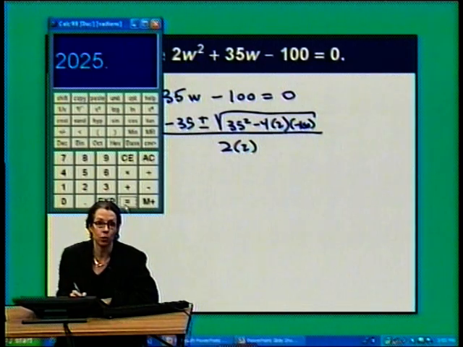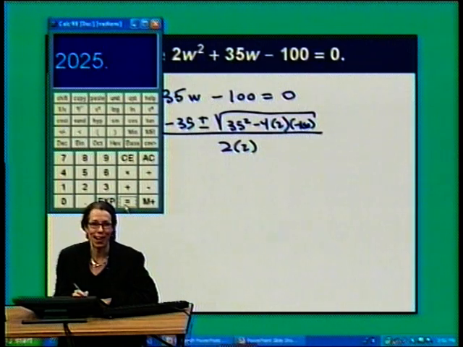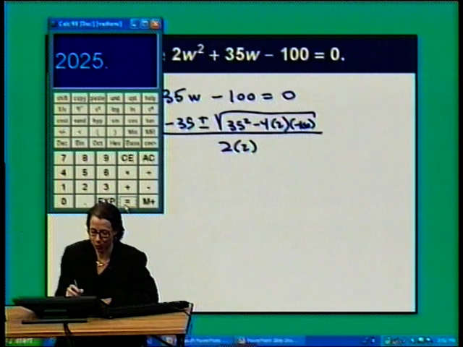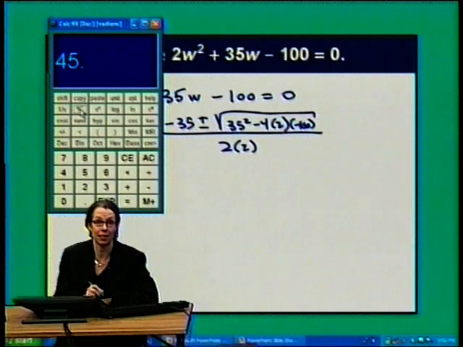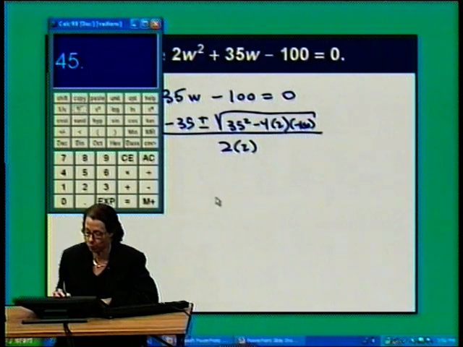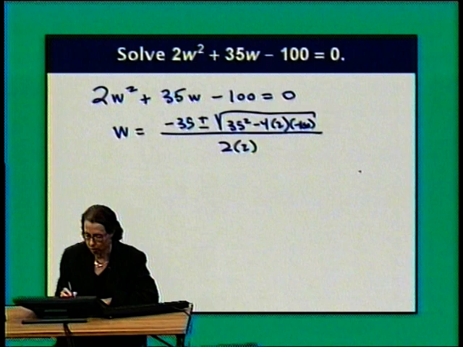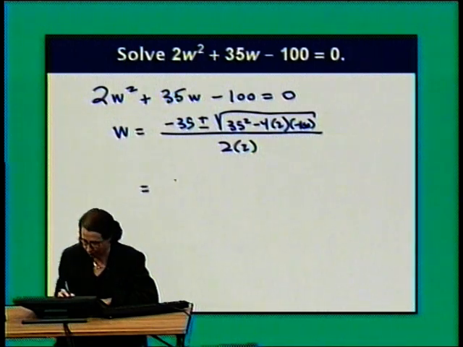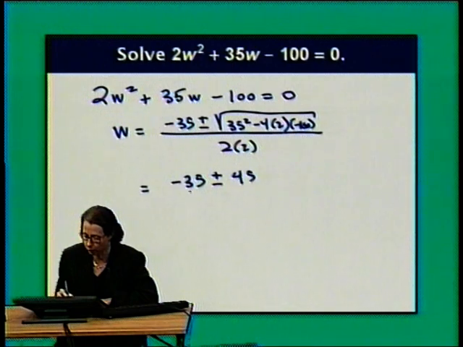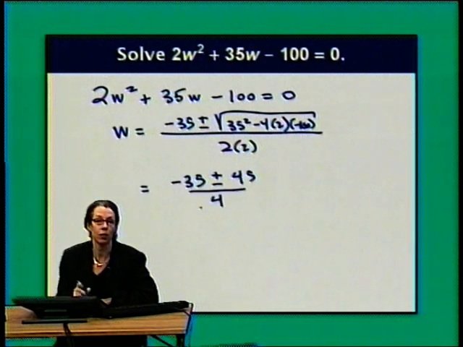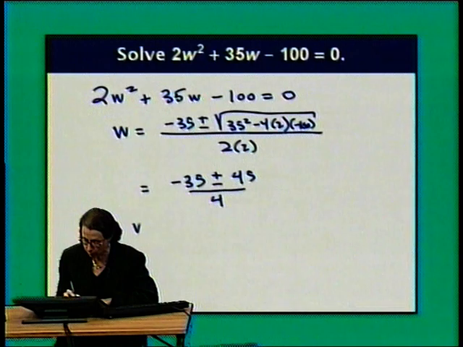That's 2025. I think this might be a perfect square because it ends in 25, which is a perfect square. And when I hit the square root, I see indeed it is. It's 45 squared. So when I sit down to simplify this, this is negative 35 plus or minus 45 over 4. So I have two expressions to evaluate for w.